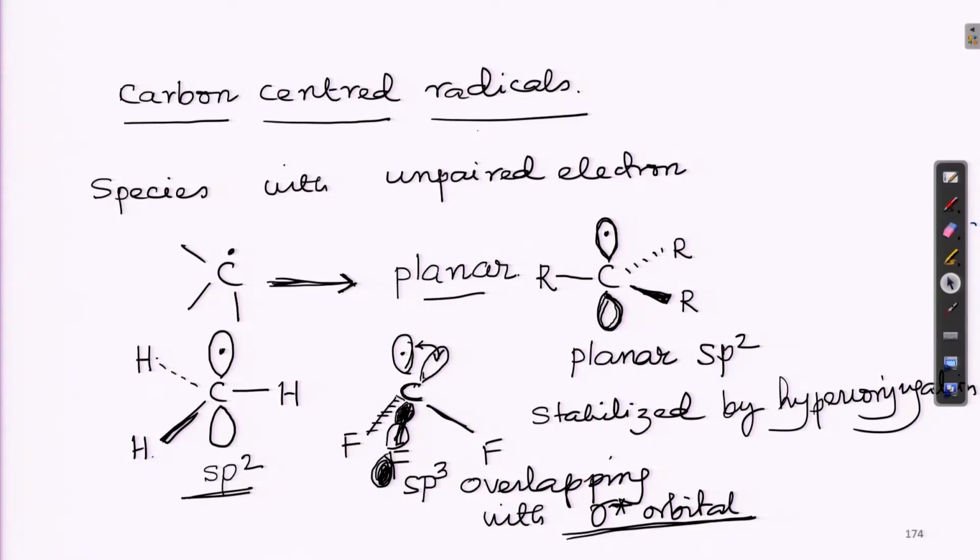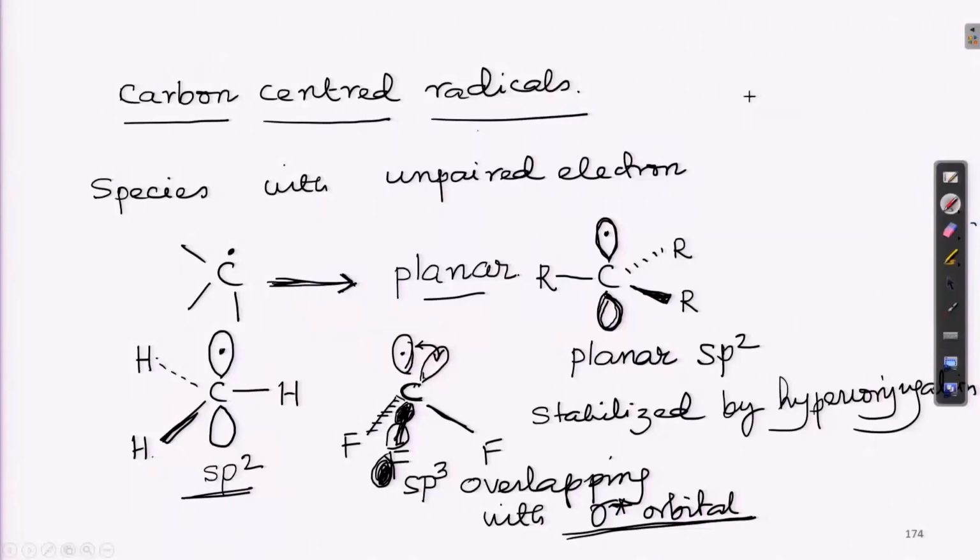There is one glaring example, and that is our exception, that is the CF3 radical, the trifluoromethyl radical, and the methyl radical. We know the methyl radical is planar, just like I said.